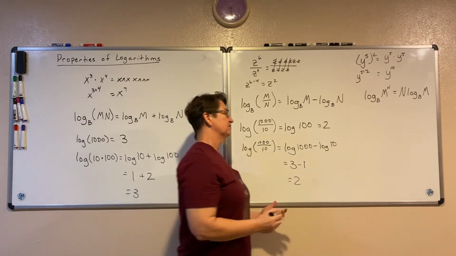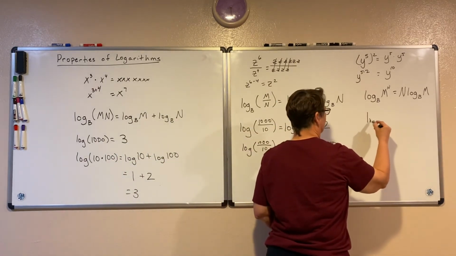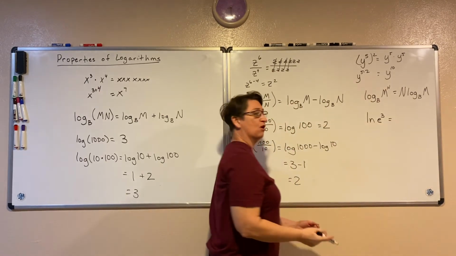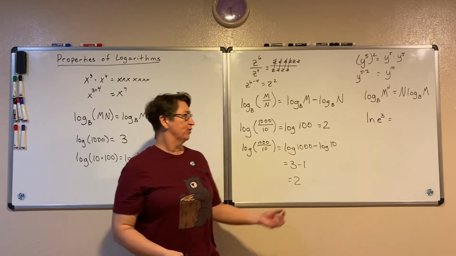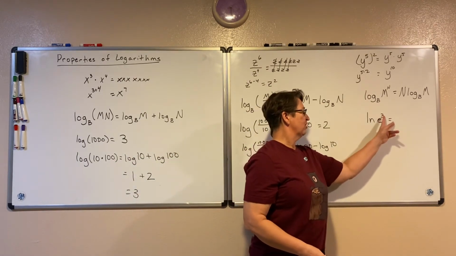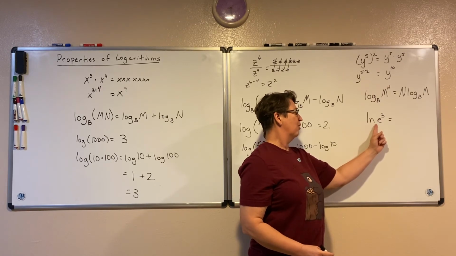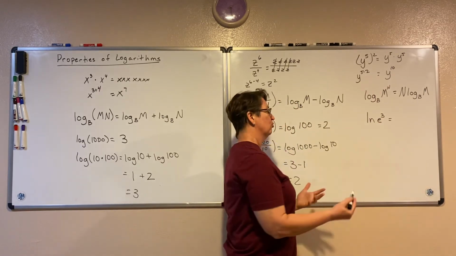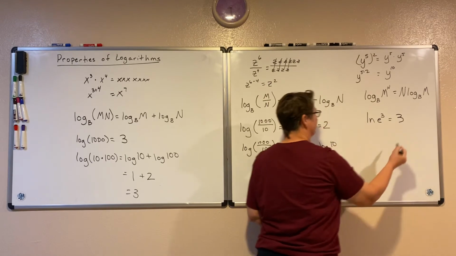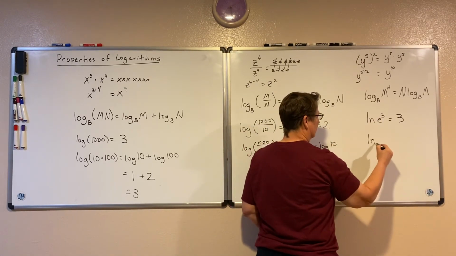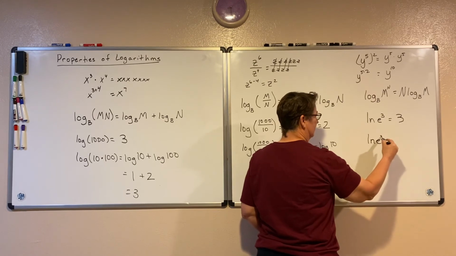So for instance, let's look at the natural log of e cubed. We saw in a previous video that when their bases are the same, their exponents are the same. Or you're asking yourself, e to what power gives me e cubed? Well, that is equal to 3. We can use our power rule as well, and we can say the natural log of e cubed.